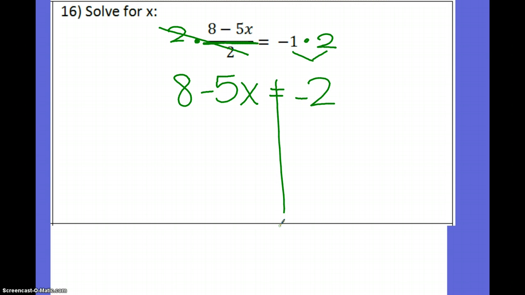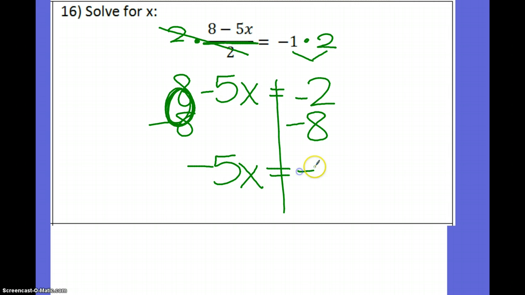And now I need to get rid of the 8 and the negative 5. The 5 is attached to the x, so we get rid of that second. The first thing we need to do is get rid of 8. It's positive 8, so we minus 8 on both sides, which is 0 here. Negative 5x is negative 10.